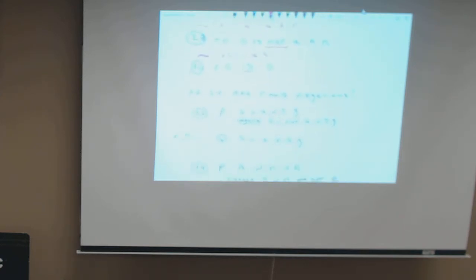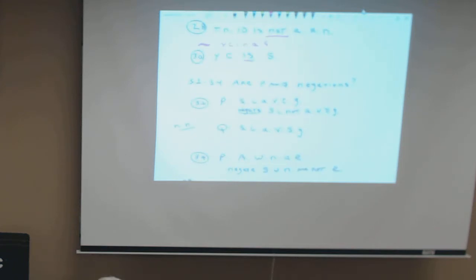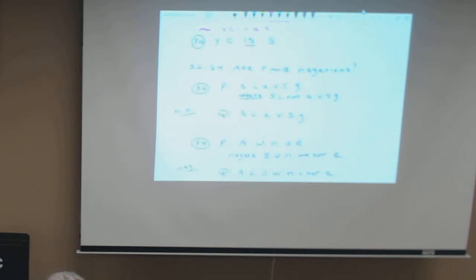Number 32 to 34. Determine whether the statements P and Q are negations of each other. All right, this is going to get a little tricky. Look at 32. What does it say? Sally is a very tall girl. Before you look any further at what the book says, how would you negate Sally is a very tall girl, based on what we've already talked about in class?